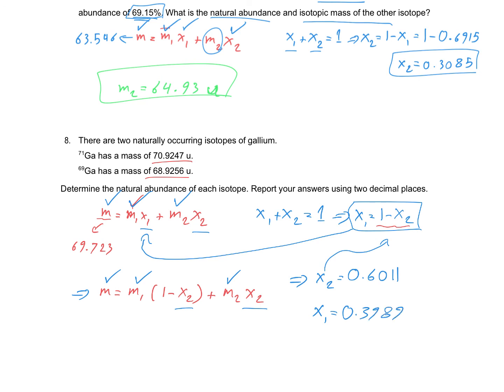Okay, so these two are the final answer for the last question. So again, you have to show your work. I just give you the final answer and showed you how you can get these answers.